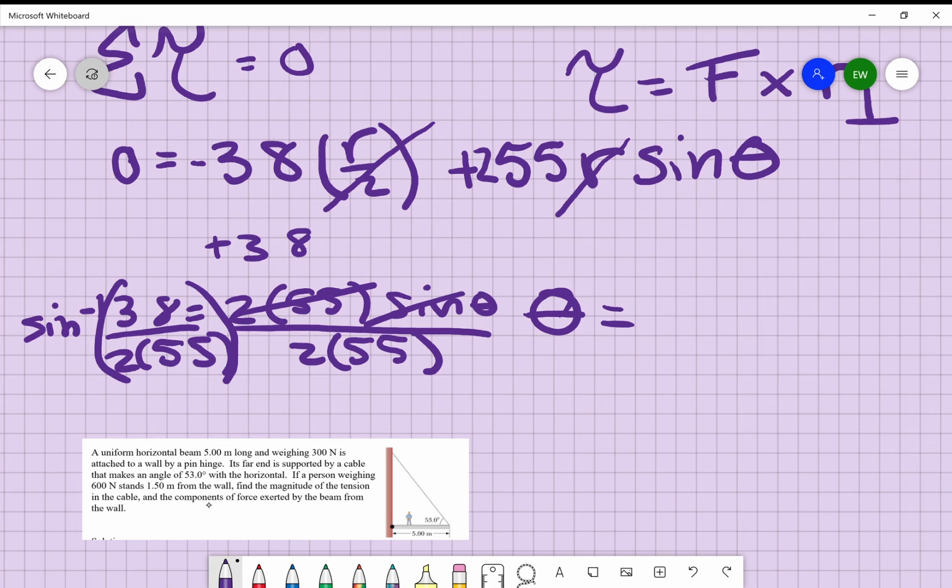Theta then equals, let's get out the calculator because I didn't write this down. Inverse sine of 38 divided by 2 times 55. All right then.